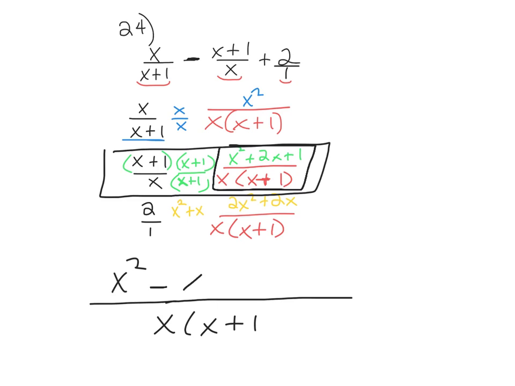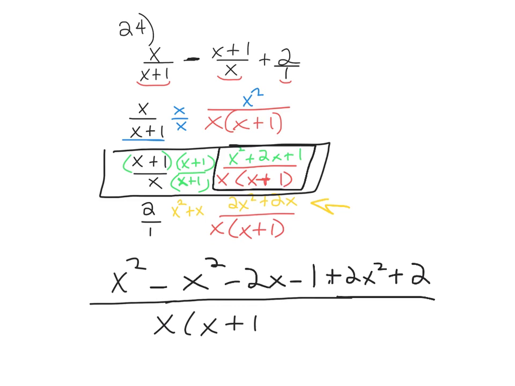So this will become minus x squared minus 2x minus 1. And then lastly, the yellow, I'll just write the numerator there, and it becomes plus 2x squared plus 2x.